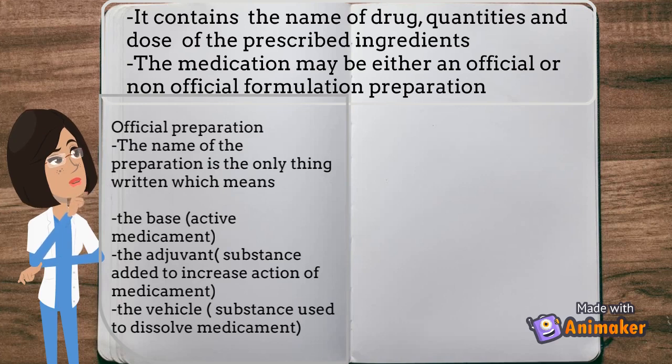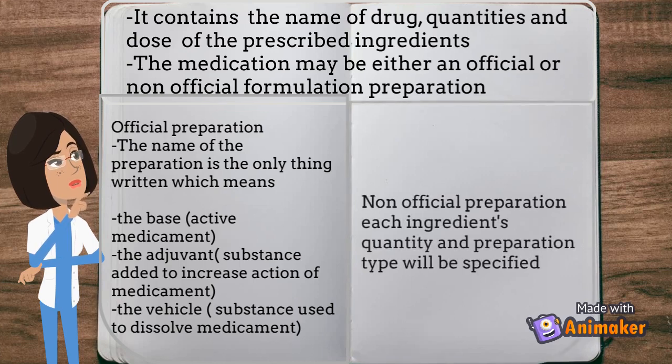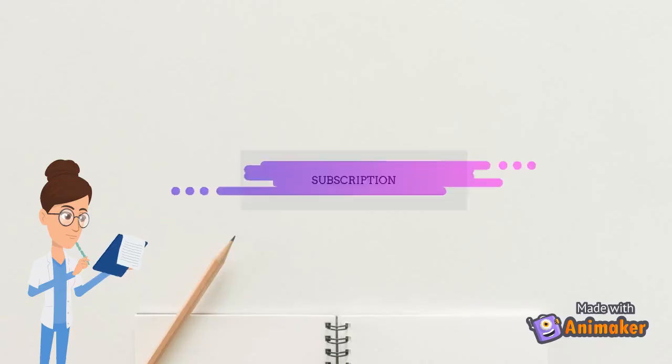In an official preparation, only the name of the preparation is written, which means the base, which is the active medicament; the adjuvant, which is the substance added to increase the action of the medicament; and the vehicle, which is a substance used to dissolve the medicament. In a non-official preparation, each ingredient's quantity and preparation type will be specified.